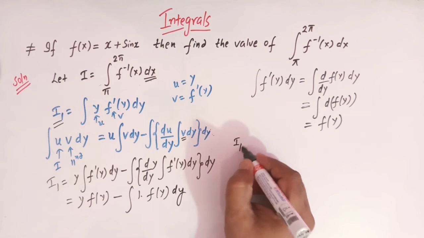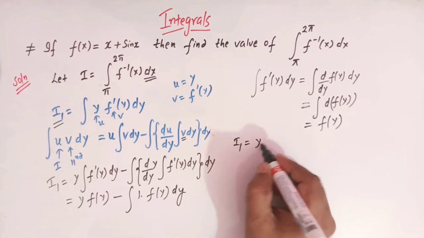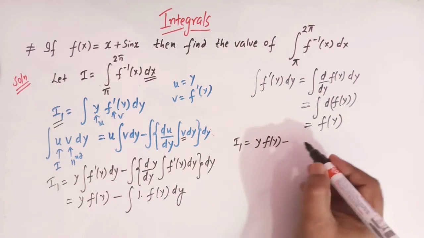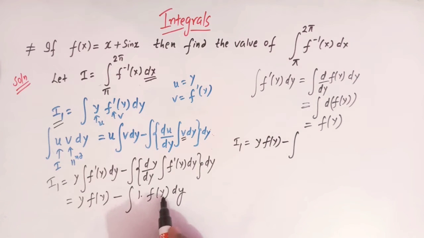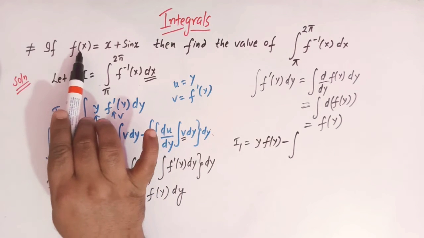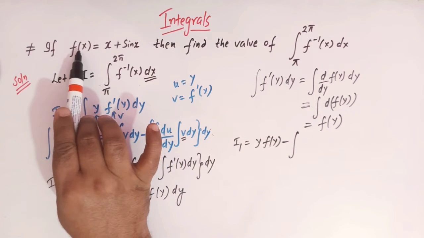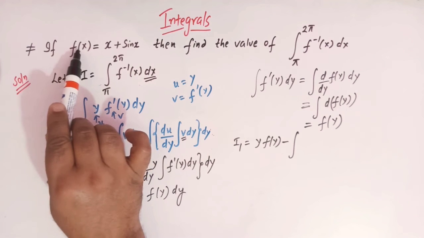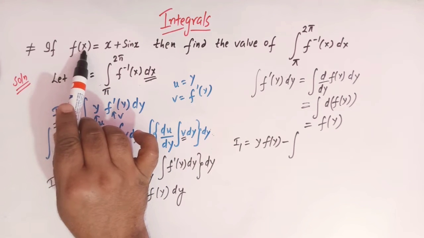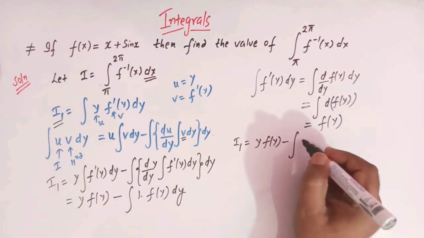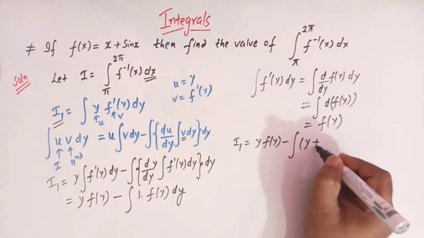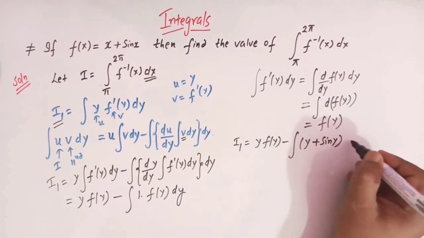So I1 can now be written as y f of y minus integral f of y dy, and we can find out f of y from this expression. So replacing x by y here, we'll get y plus sine of y, right?